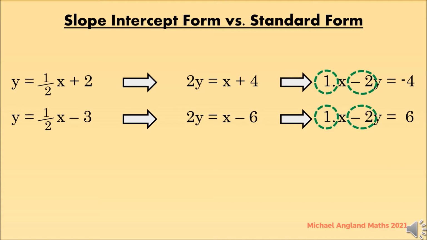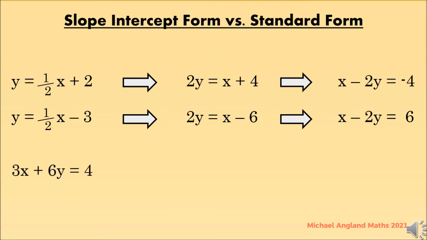So it seems that when we have standard form, if we want a pair of lines to be parallel, we simply need to ensure that the quotient of the y and x coefficients are the same. Let's take another example below, starting on the left with standard form.